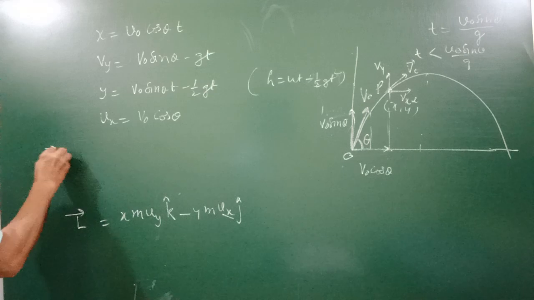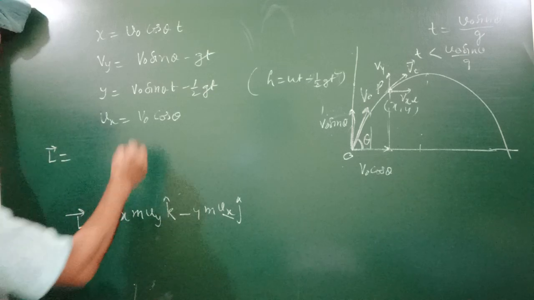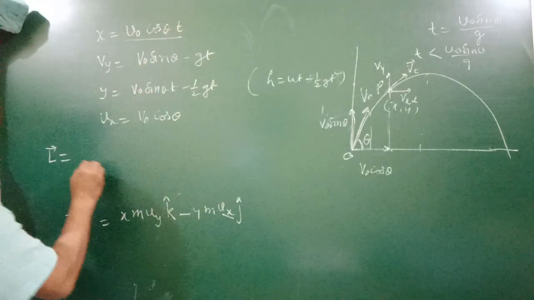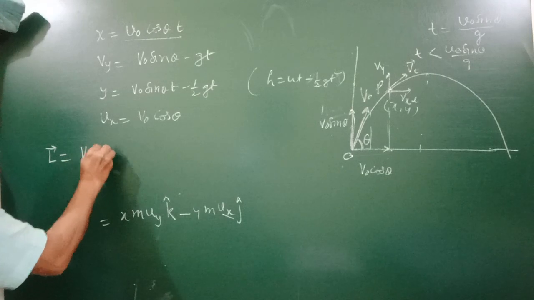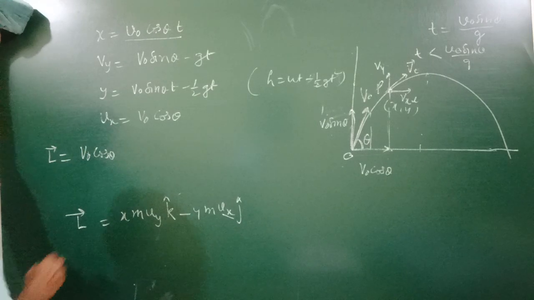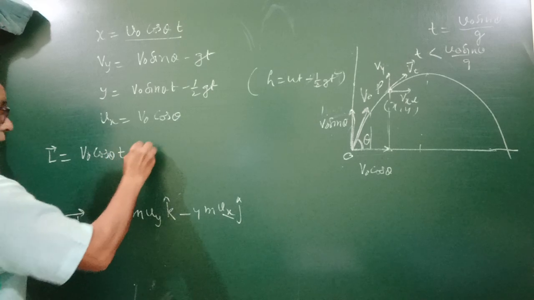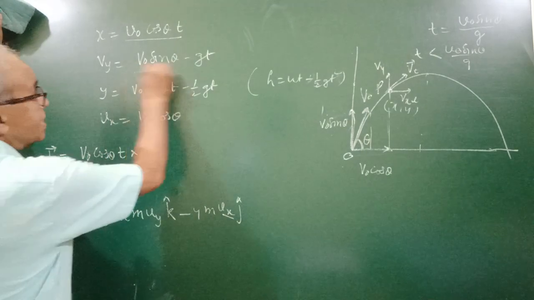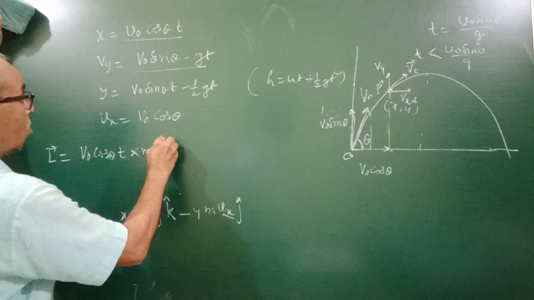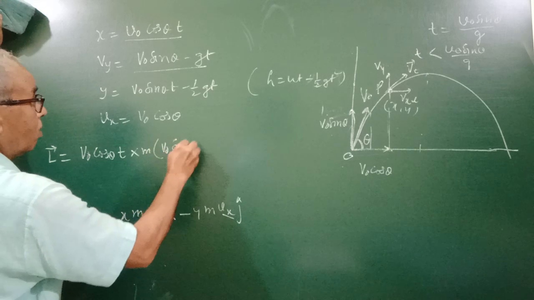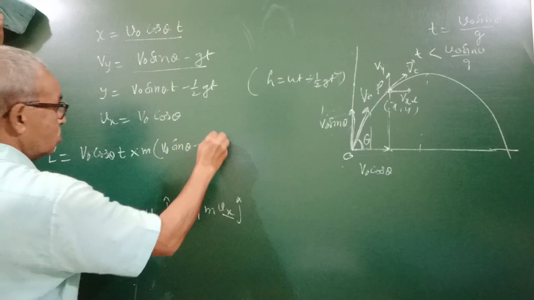Vector L is equal to x, which is v0 cos theta into t, into m vy, v0 sin theta minus gt.